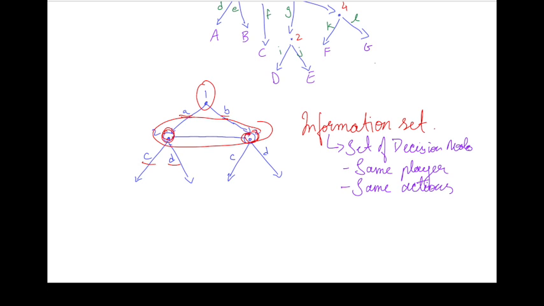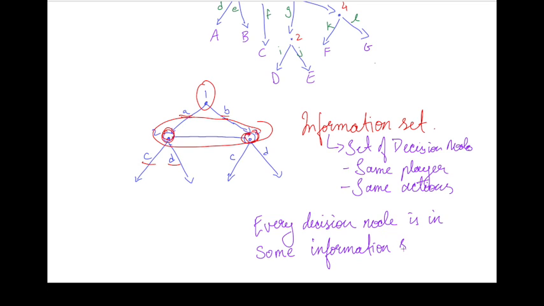So these information sets tell us all we need to know about the information available to the players at each point where they have to make a decision. So every decision node is in some information set. It could be that it's in a singleton.